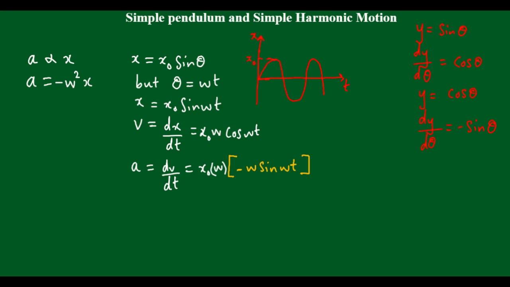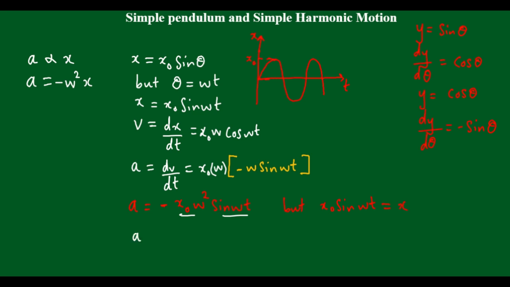So we get acceleration is equal to negative x naught W times W, which gives W squared, sine Wt. But what is x naught sine Wt? This is equal to x.